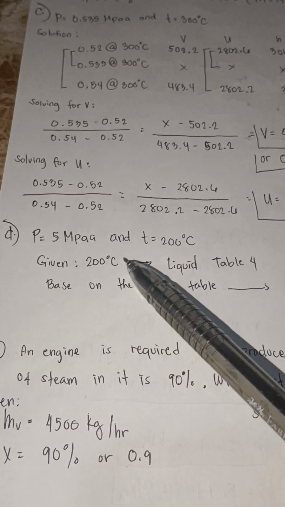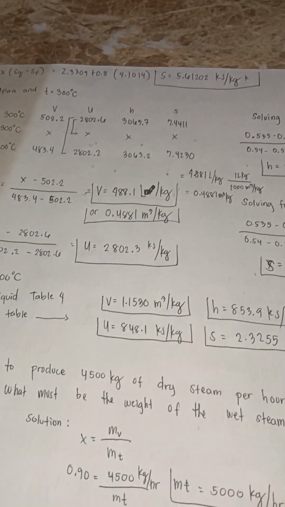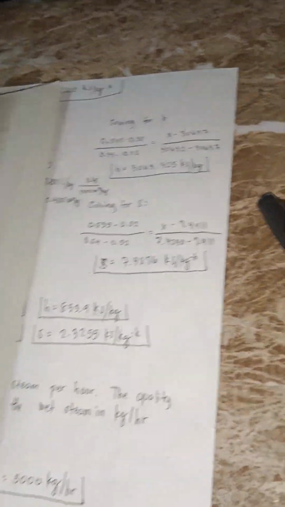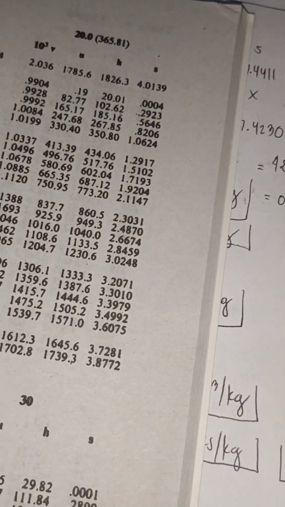The given is 200 degrees Celsius. So we will search for the 200 degrees Celsius at the table 4, the liquid. Here at 5 megapascal.